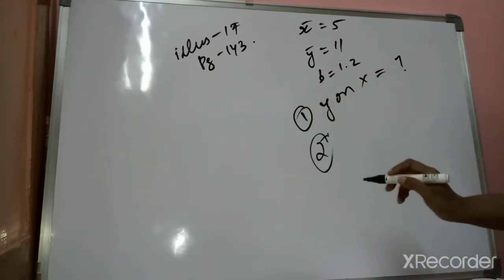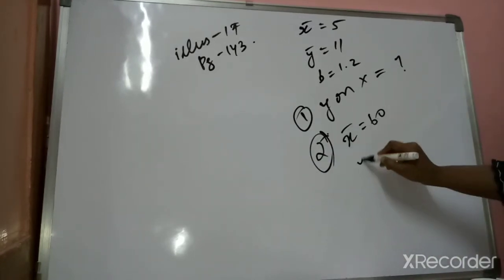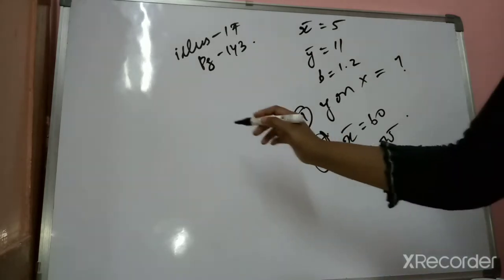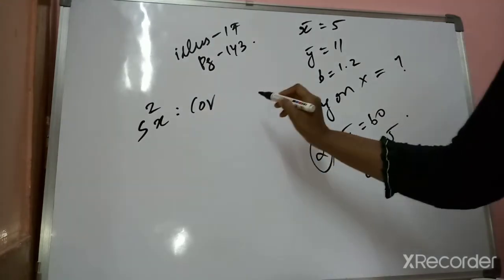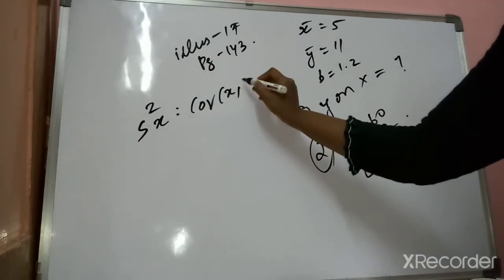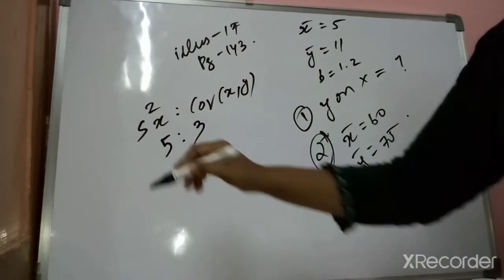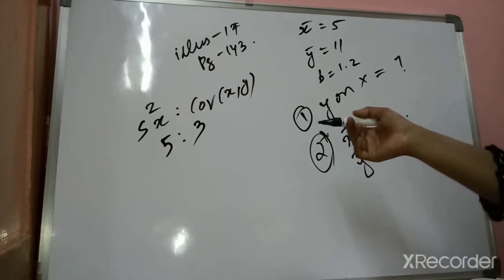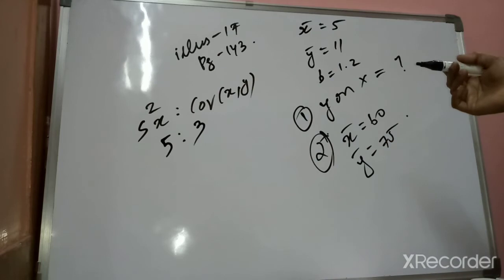Then the second sum. What it is saying, if x bar is given to you as 60, y bar is equal to 75, then look, s square x to covariance xy is given in the ratio 5:3. This has been given to you. Then what they are asking, obtain the regression line of y on x and estimate y for x is equal to 65.